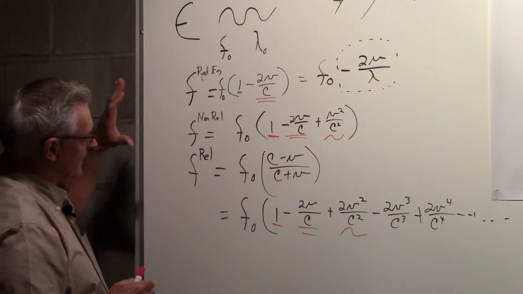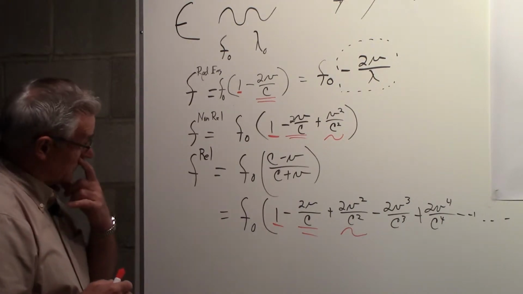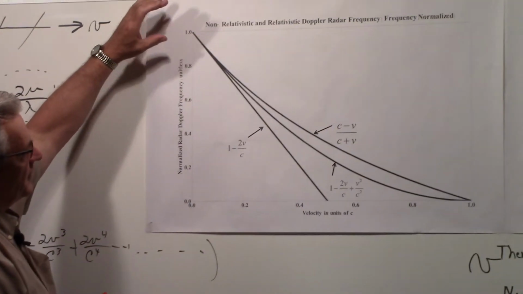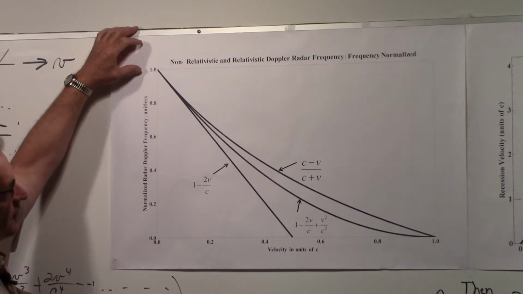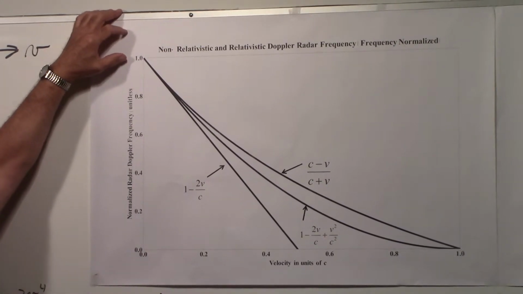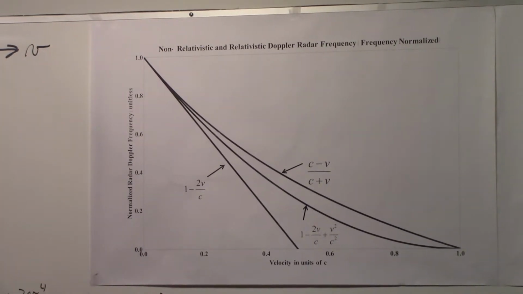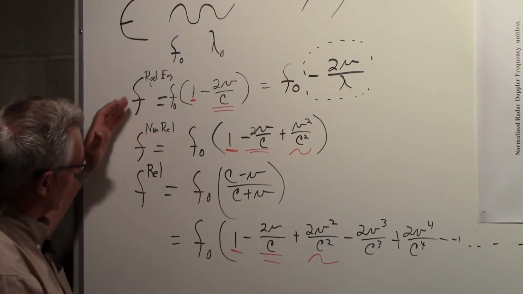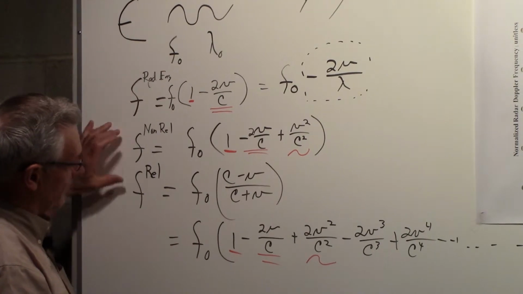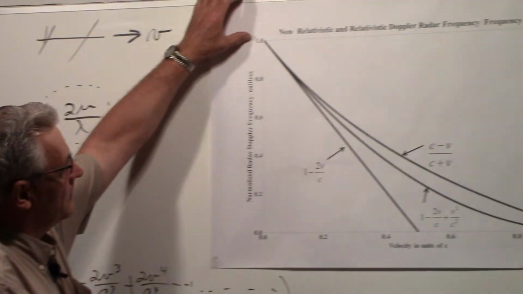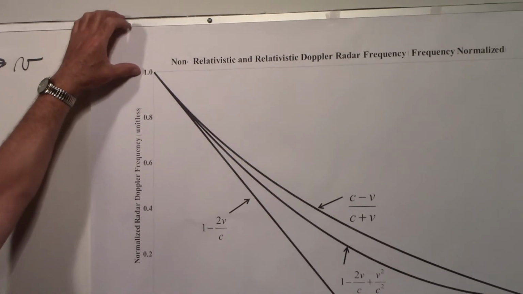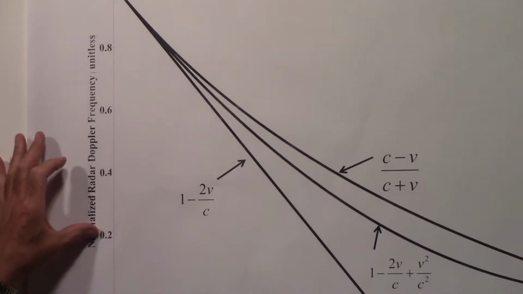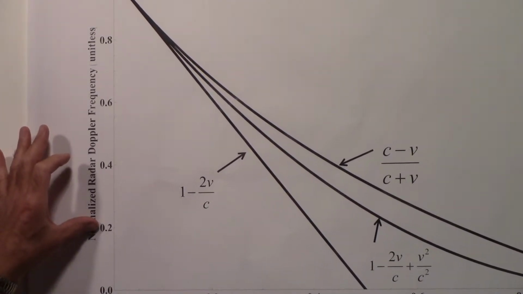Now I want to show you what these look like if we plot them out. We're showing the non-relativistic and the relativistic Doppler radar frequency, and the frequency is normalized. We're taking the f0 we have here and dividing through by f0, so it's f over f0. So 1.0 corresponds to f equaling f0, and 0.2 corresponds to f equaling 0.2 f0.